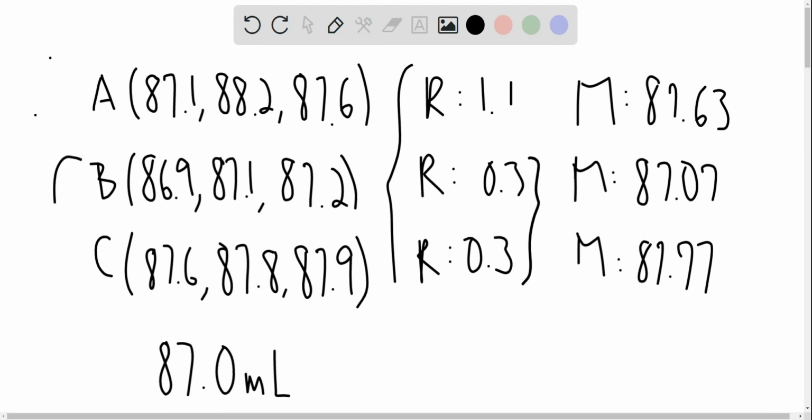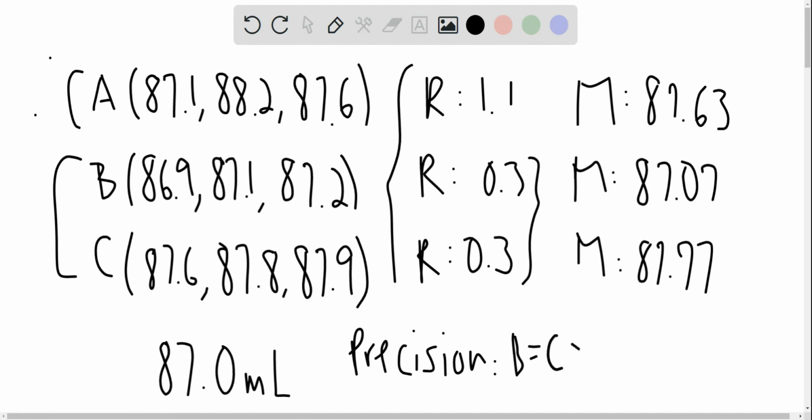So B and C are equally precise, but A is the least precise. So if we're going to put a ranking of precision here at the bottom, it would be B equals C greater than A.